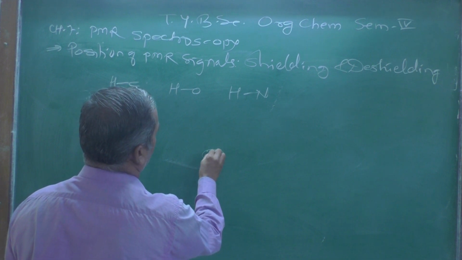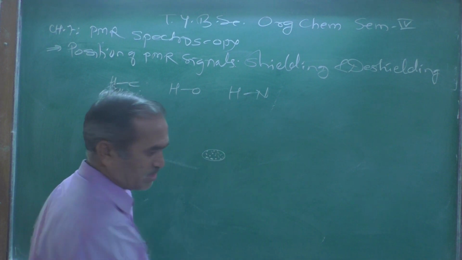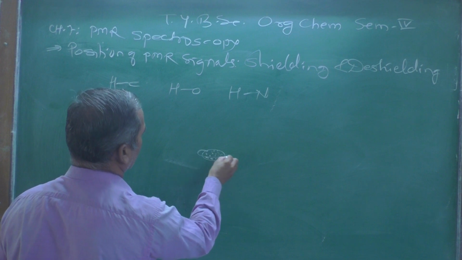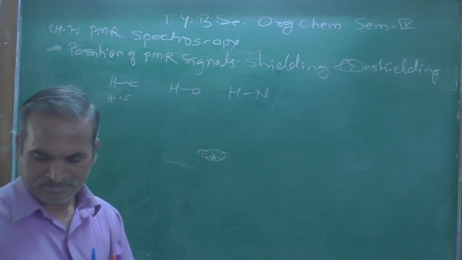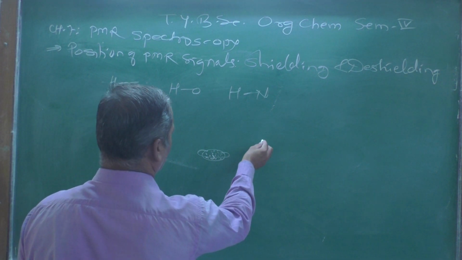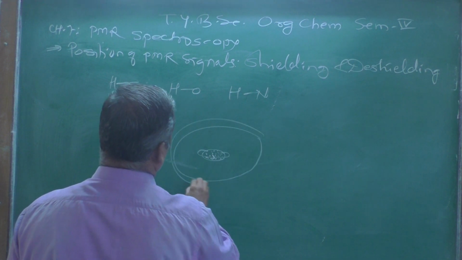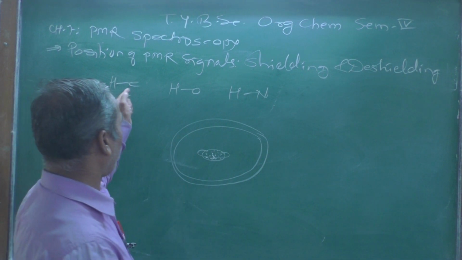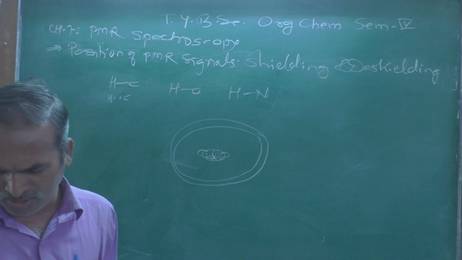This is the nucleus of the proton, and as we know, it is spinning along its axis. When it is spinning, the electrons are revolving or moving around it in a definite orbit.